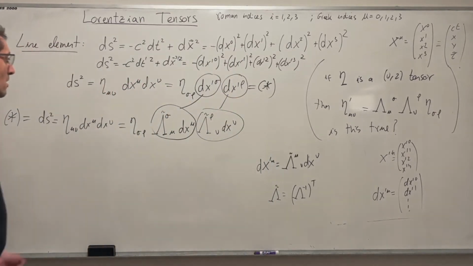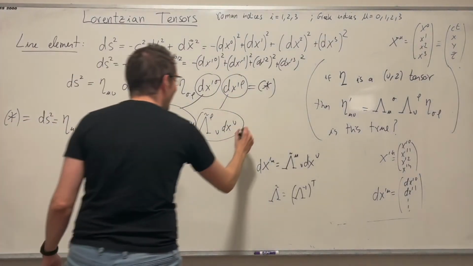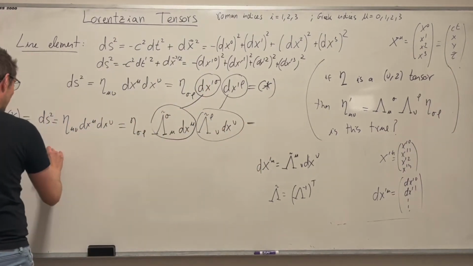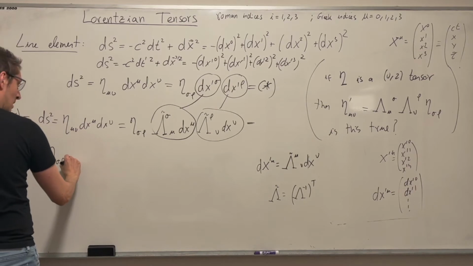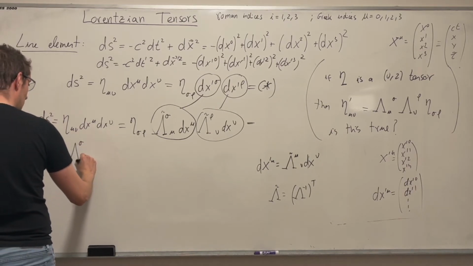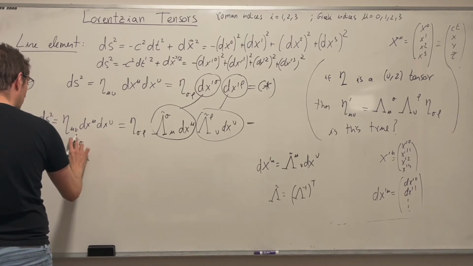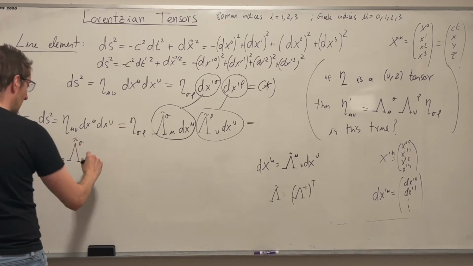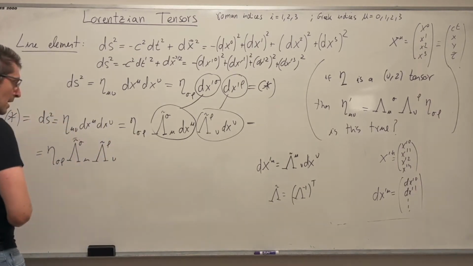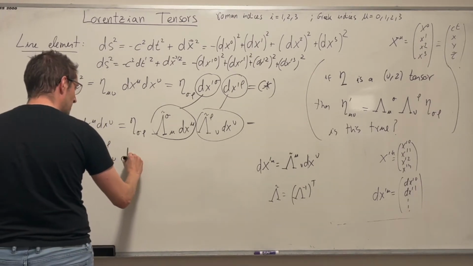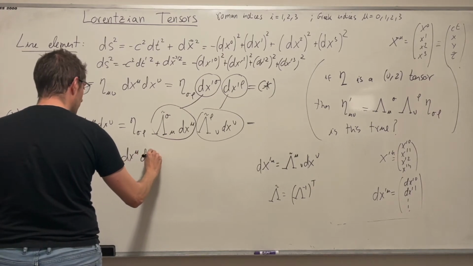But now we can reorder this and write this as eta sigma rho lambda tilde sigma mu, and then lambda tilde rho nu, and now dx mu dx nu.